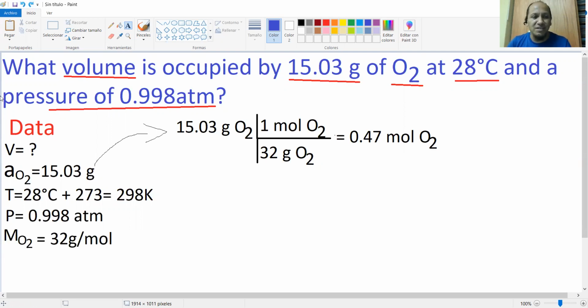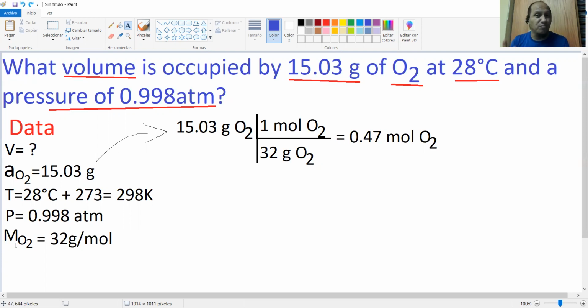The M O2 is the molar mass, which you obtain from the periodic table. One atom of oxygen has a molar mass of 16. Since oxygen is a gas, the molar mass of the gas is going to be the mass times 2, which is 32 grams per mole. To be precise, that's another important data.